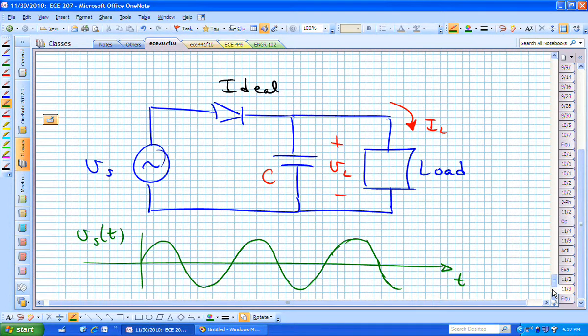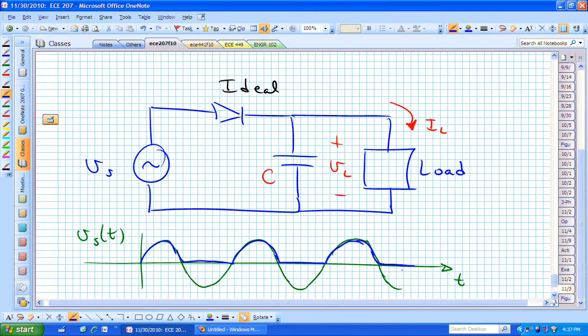So if you virtually cover up with your hand the capacitor and the load, or if you just remove the capacitor for now, then if that's a resistor in that load box, what you would see, if it's an ideal diode, would be this blue line.